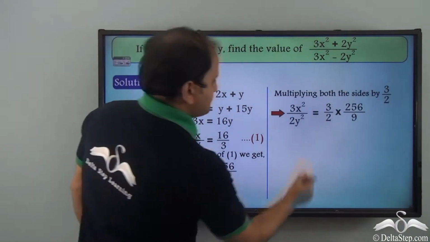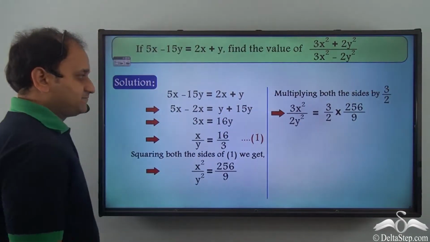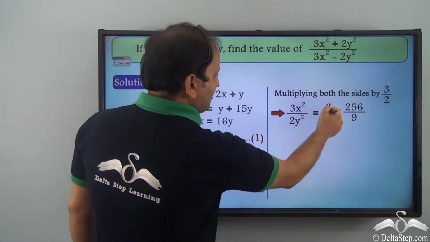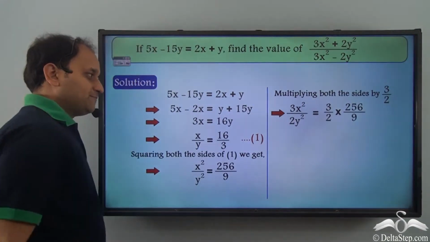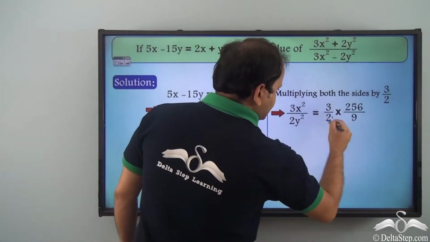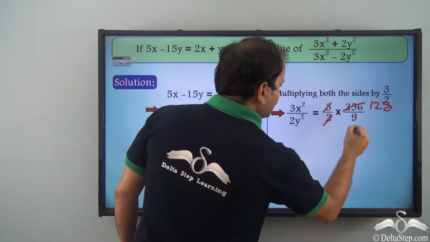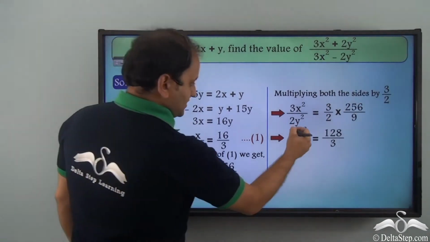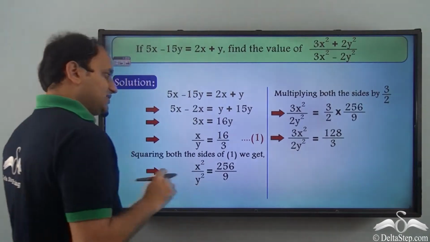By multiplying both the sides by 3 by 2, what do we get? We get 3x square by 2y square is equal to 3 by 2 into 256 by 9. Now if we solve this, we get 3x square by 2y square is equal to 128 by 3.